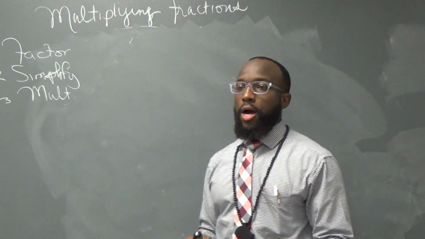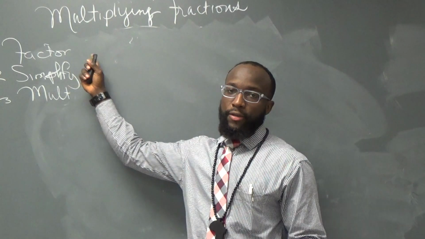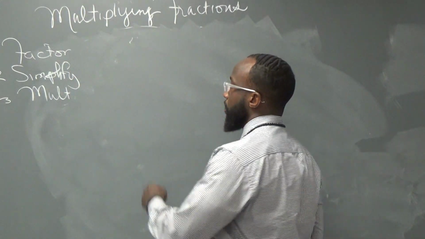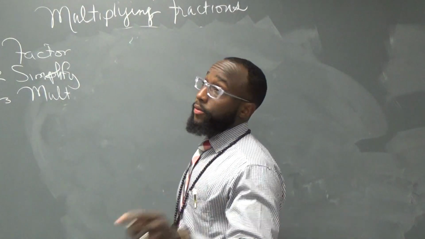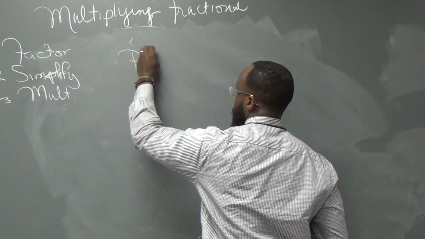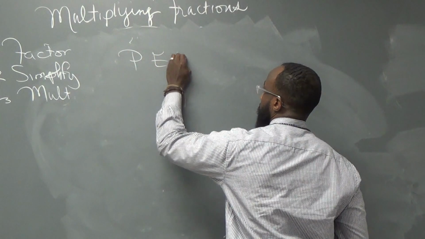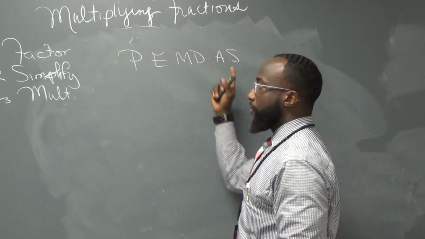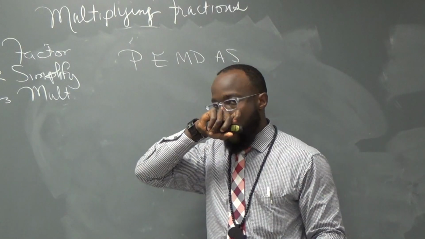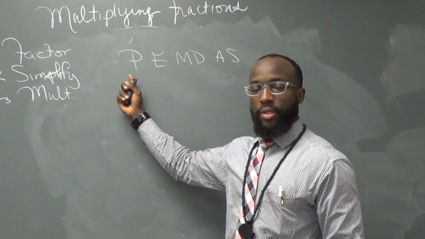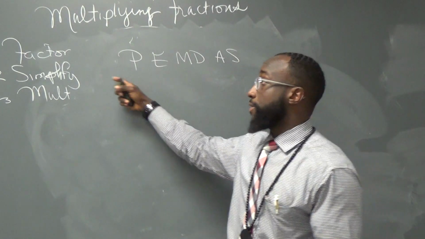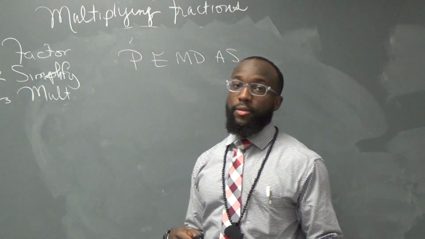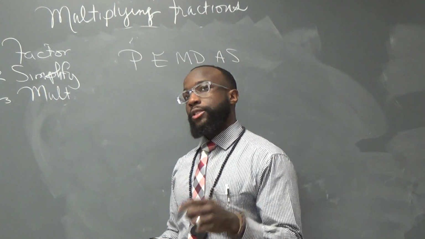So you want to always remember to see what you can factor, right? Simplify as needed. Respect the order of operations though. Follow the order of operations: parentheses, exponents, multiplication and division, addition or subtraction. Don't forget about this as well, all right? So check your order of operations first, factor, then simplify, and then multiply numerators and denominators. Just do the math out.